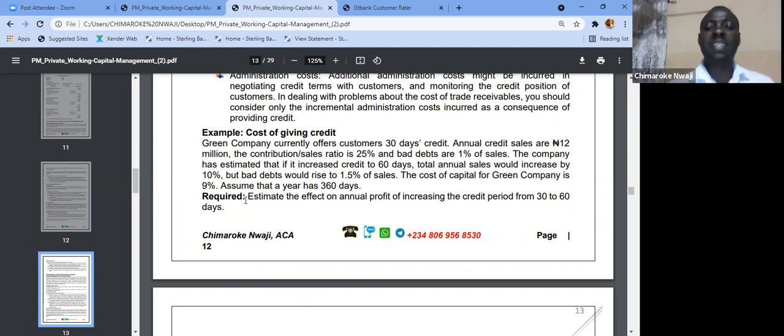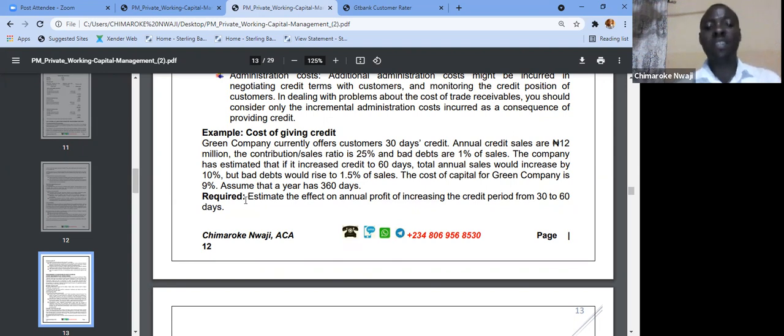And bad debts are 1% of your sales. It means that these are credit sales that you could not recover, 1% of them. The company has estimated that if the credit terms is increased to 60 days, the total annual sales will increase by 10%. That means 10% of 12 million will give you 1.2 million.